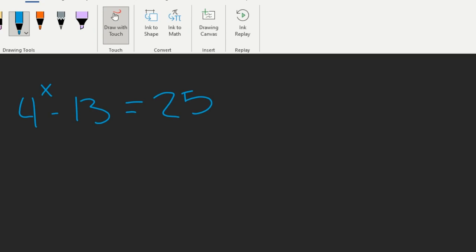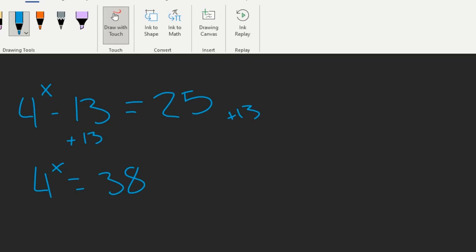First of all, we're going to have to get the exponential by itself so we can solve. So we're going to add 13 to both sides, and we get 4 to the power of x equals 38.